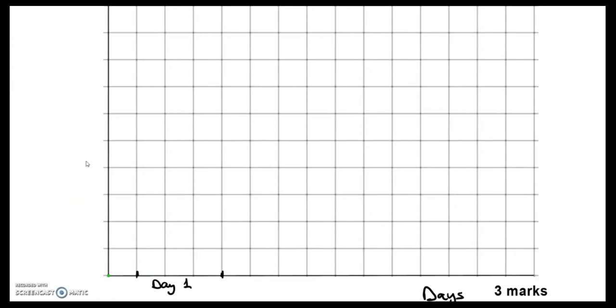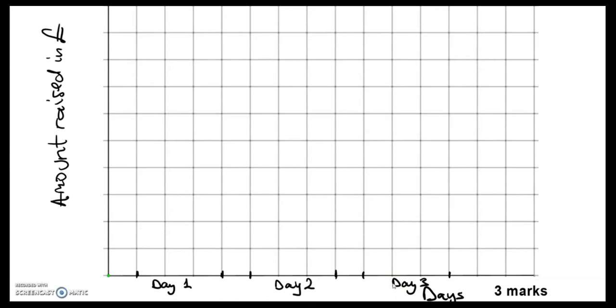I'm going to make it 3 squares wide and then leave a gap as well, then 3 squares wide, day 2, day 3. And we're going to show here amount raised in pounds.